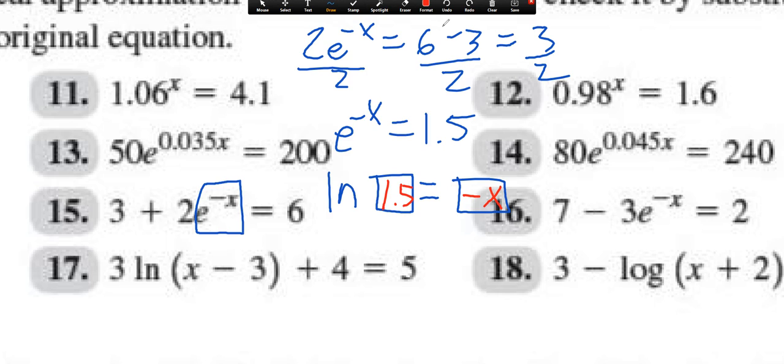What did we get for x? Negative 0.405, something like that. Okay, any questions on that?